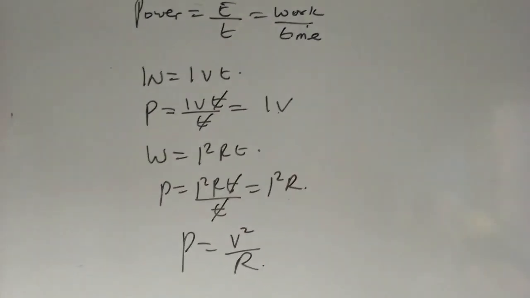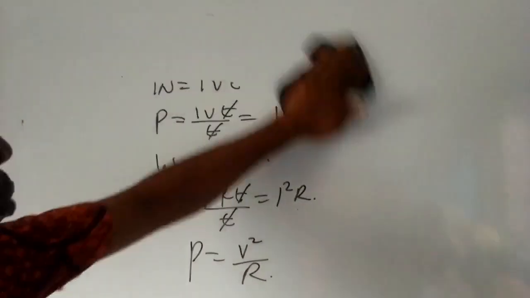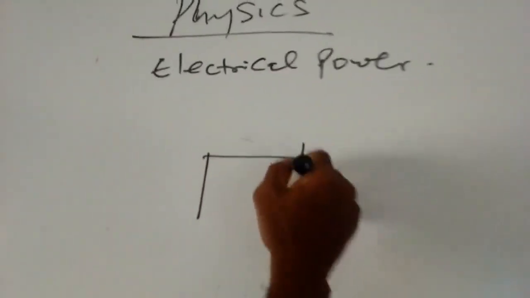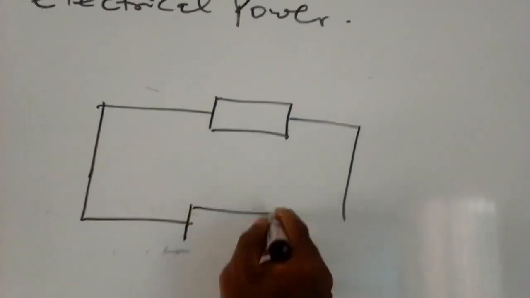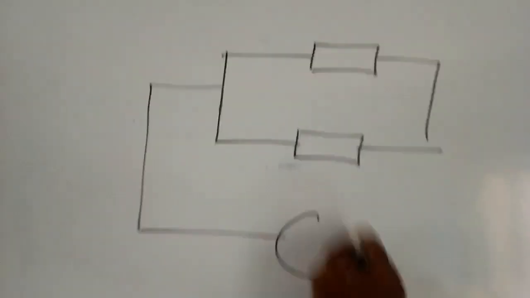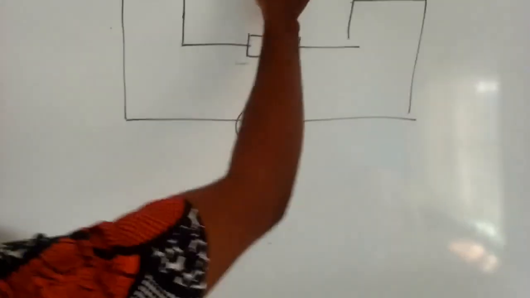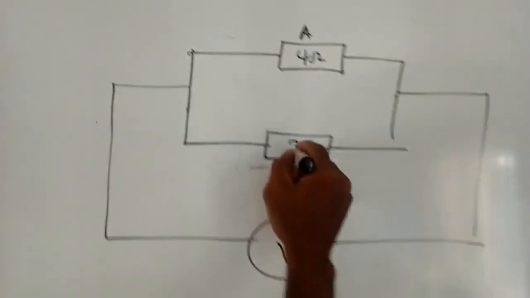We have already taken an example on power. Then let's look at this problem on the board. We have this from a past question. We have two resistors, A and B. This is 4 ohms, this is 3 ohms.